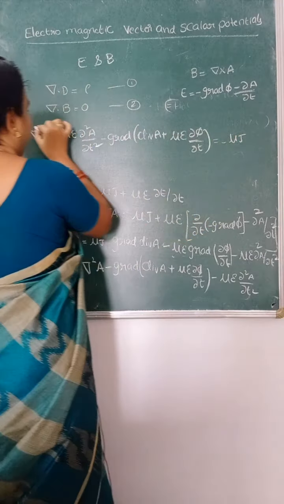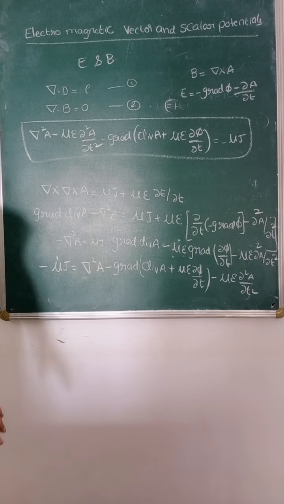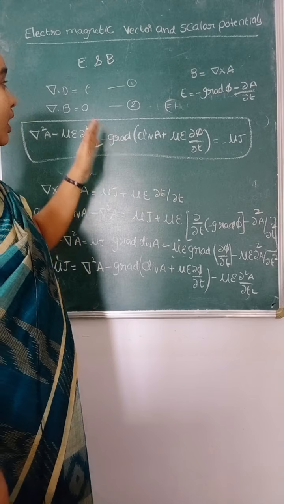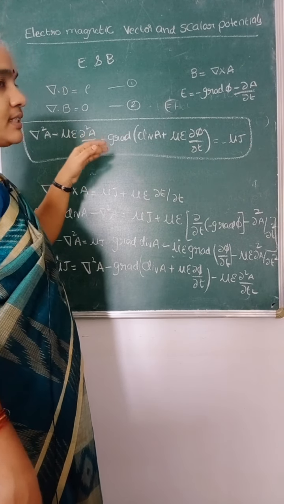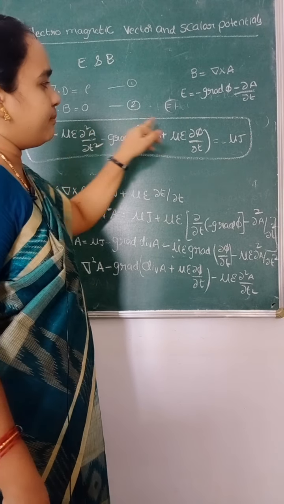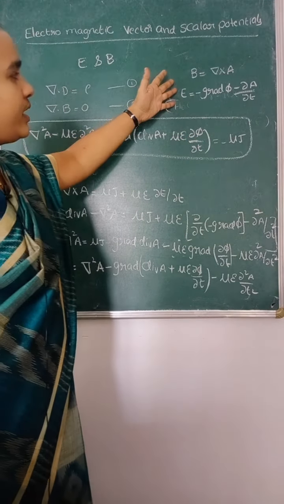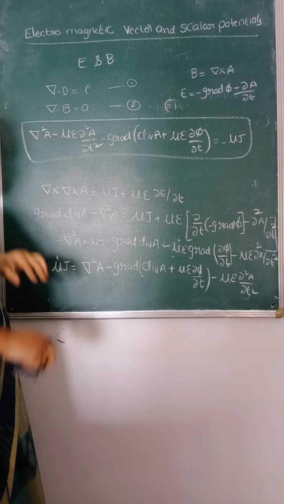This is one second order differential equation representing the electromagnetic potentials. How these four Maxwell's equations are converted into the second order differential equations in terms of magnetic vector and magnetic scalar potentials, right? So we have substituted these two values in the fourth equation. From this fourth equation we have derived this function.